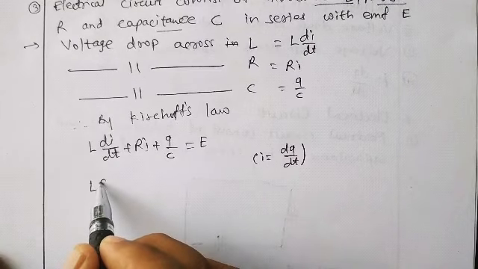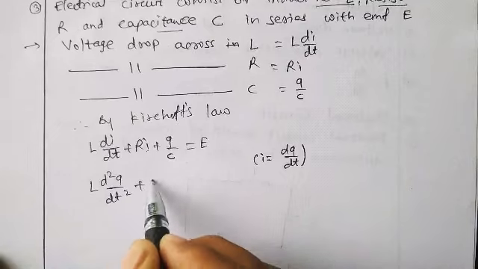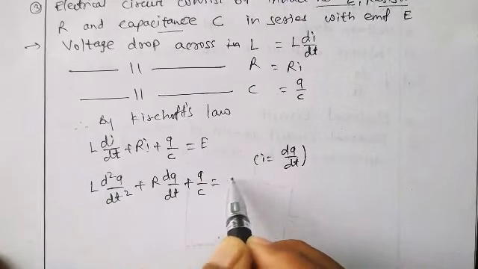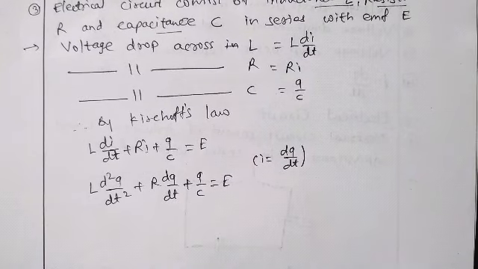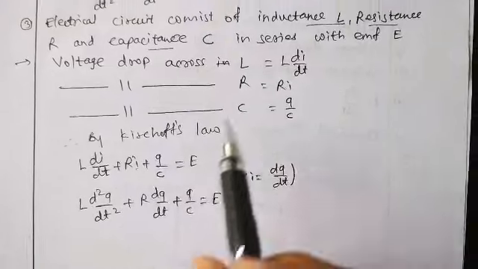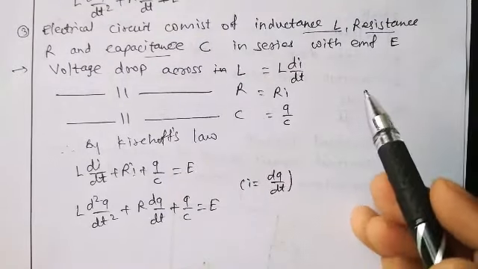So we get L into d square q by dt square plus R into dq by dt plus Q upon C is equal to EMF. This is the second order differential equation for the LCR circuit with EMF E.